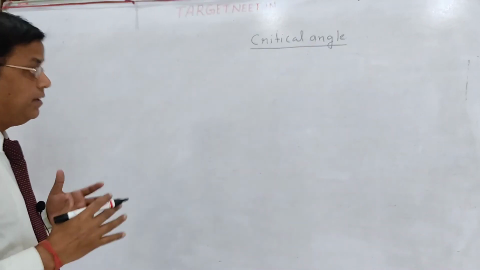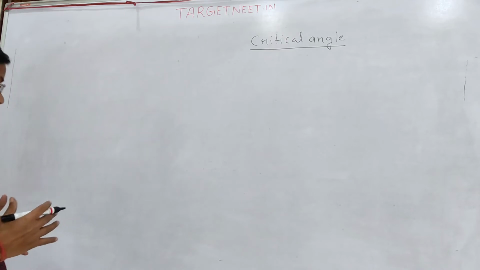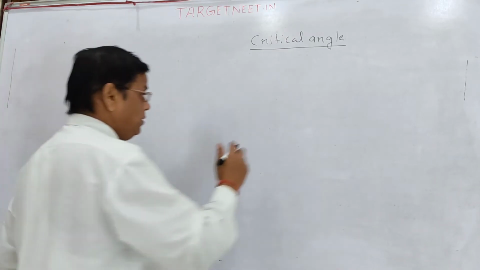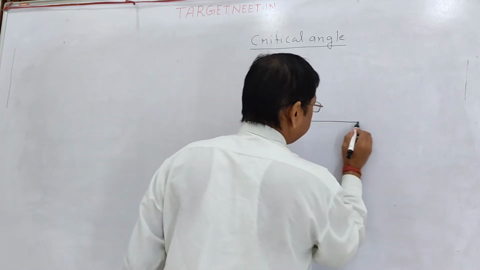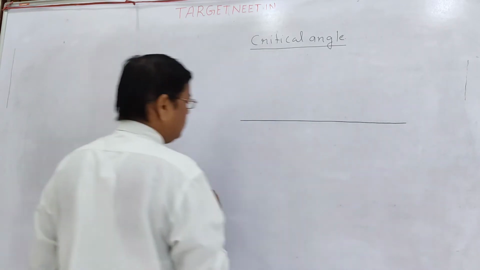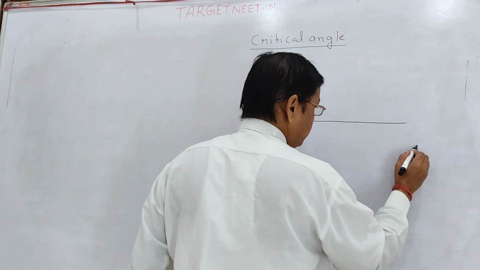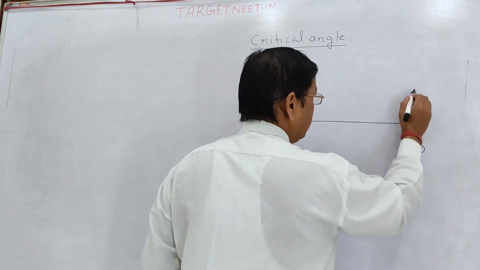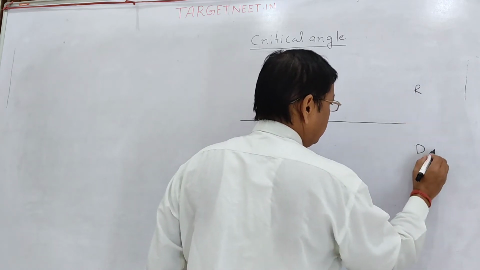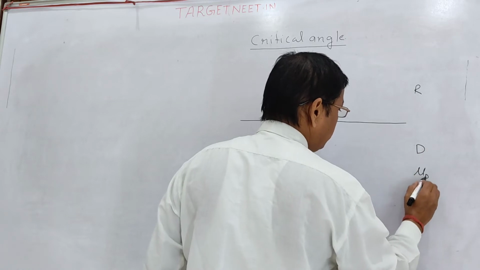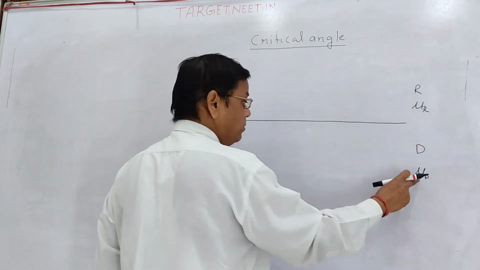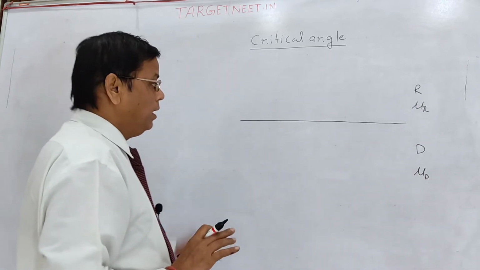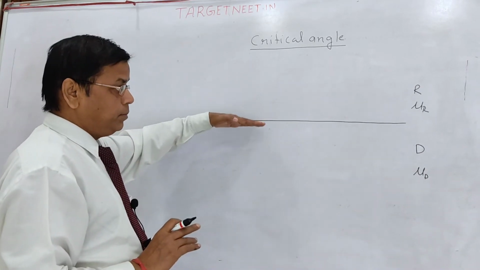So before defining it, let's see. Suppose this is a denser medium and this is a rarer medium. The refractive index of the denser medium is mu d, the refractive index of the rarer medium is mu r, and this is the interface separating the two media.